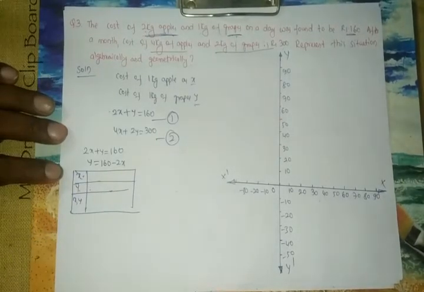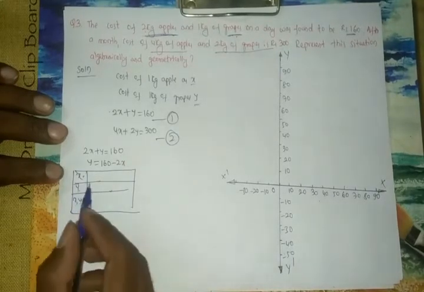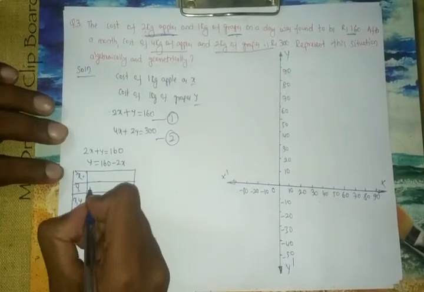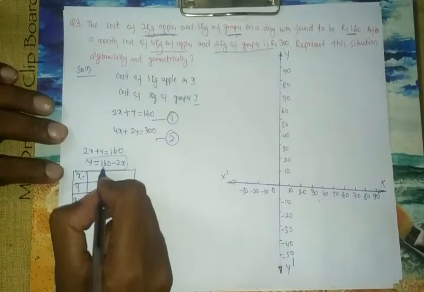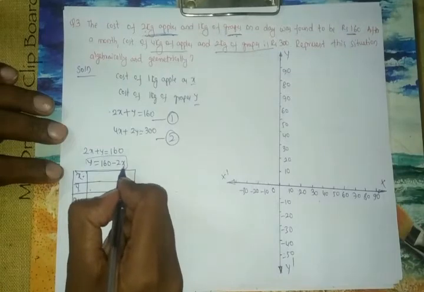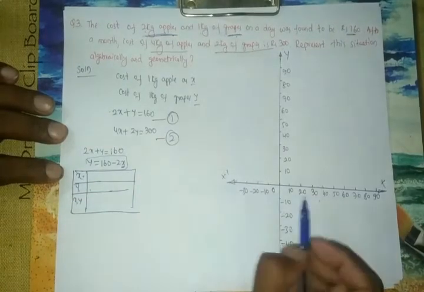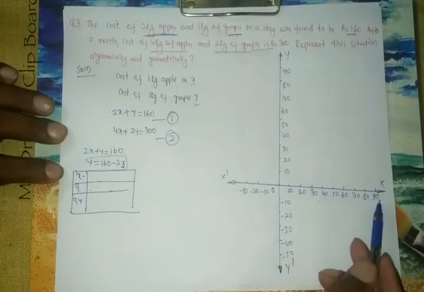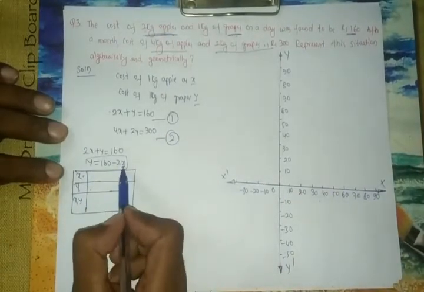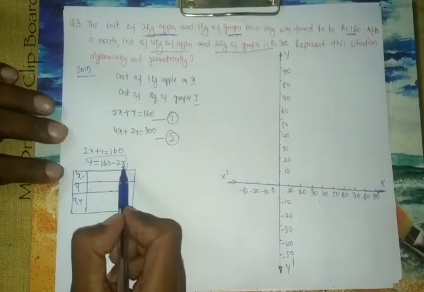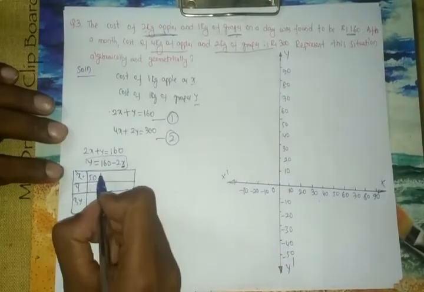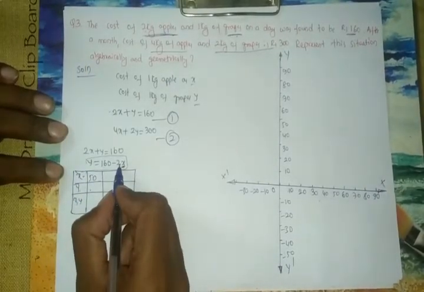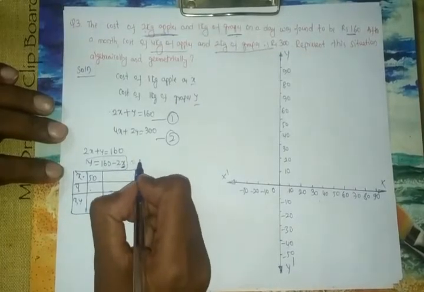So let me choose any random value. I have written the equation y equals 160 minus 2x, so I can take any value of x. I have taken interval 10, 20, 30, 40. So accordingly I will take the value of x as say 50. If I take the value of x as 50, so 2 into 50 will be 100.